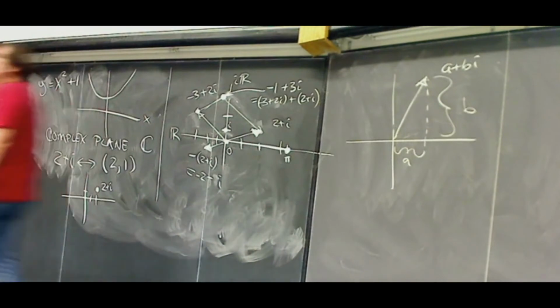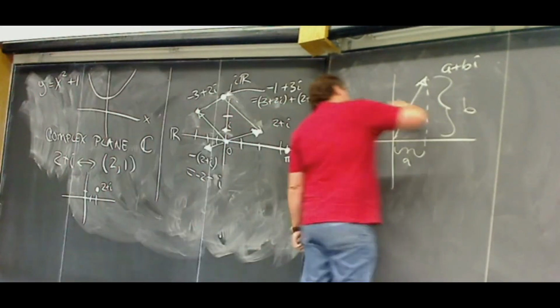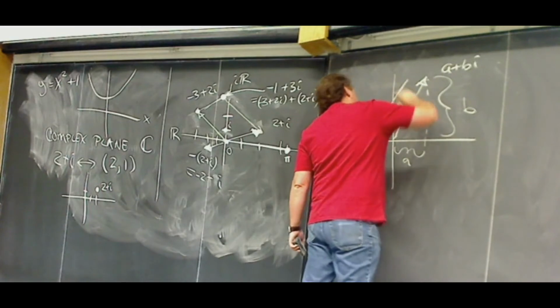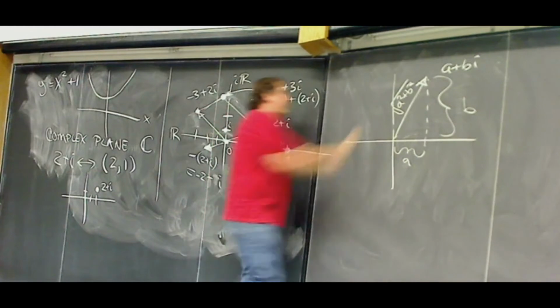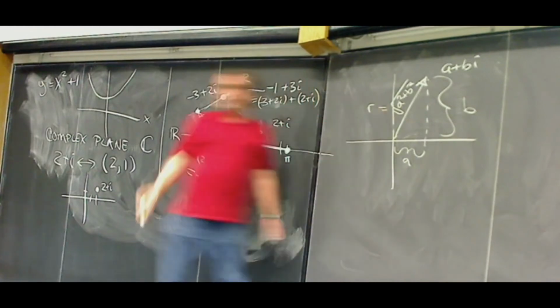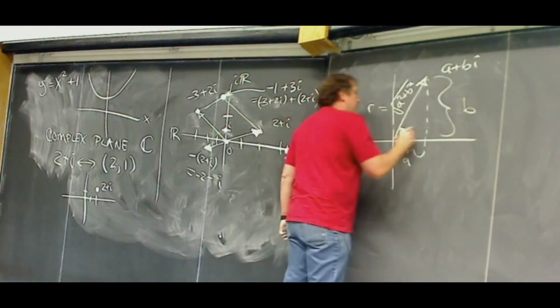And as we've been doing in polar coordinates, the length of this is the square root of a squared plus b squared, which we have been calling r. And there's an angle here, theta.